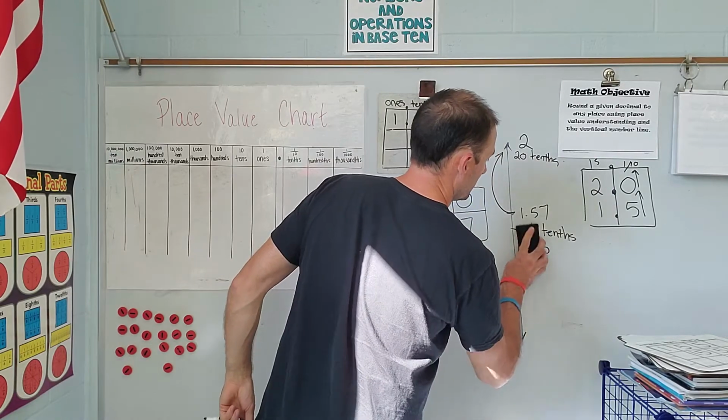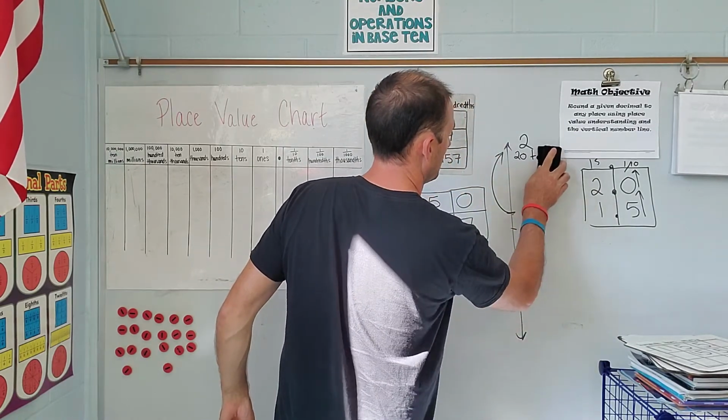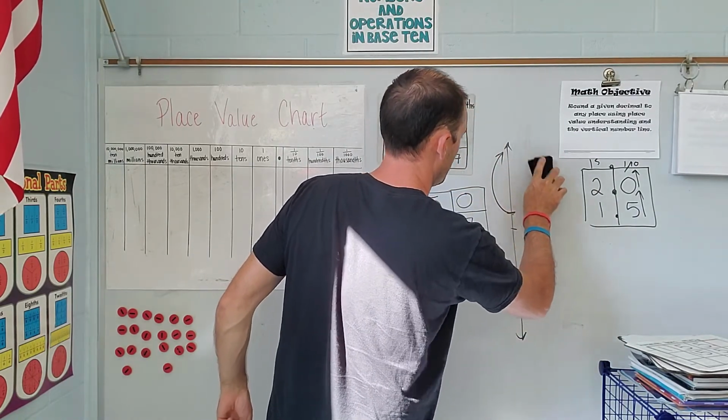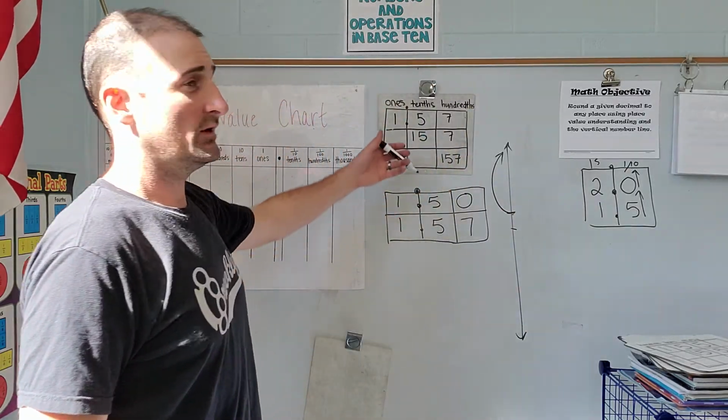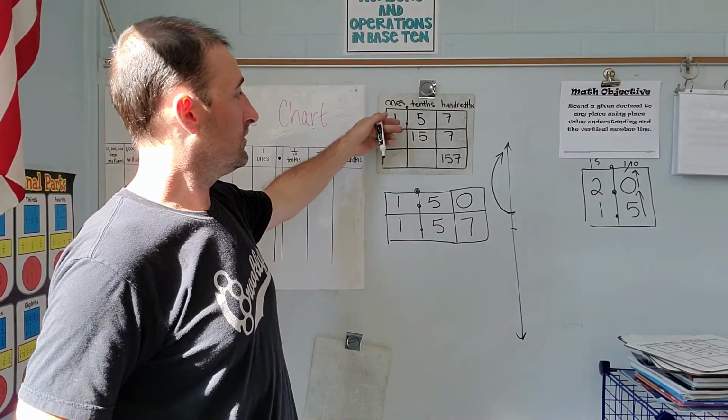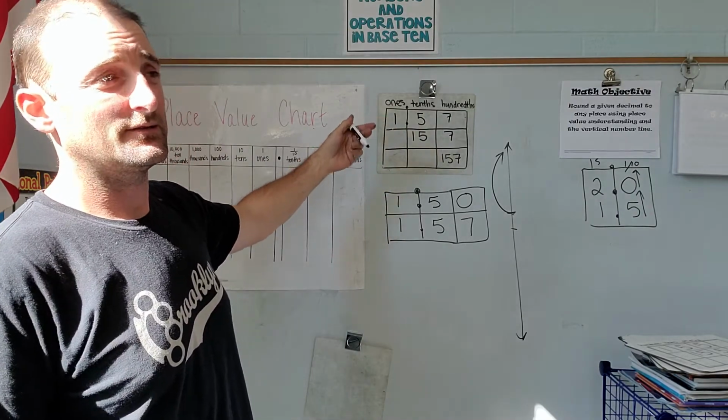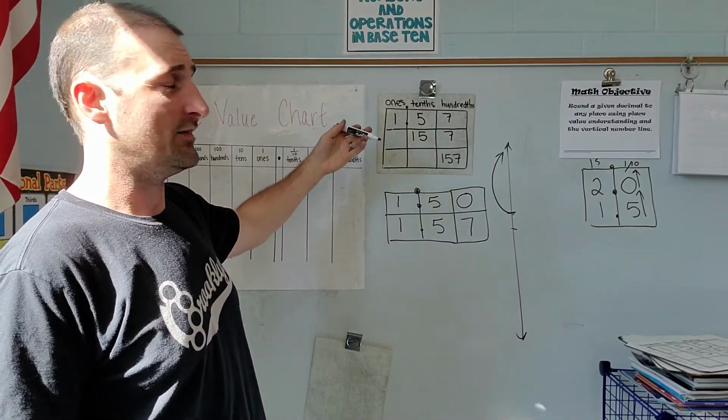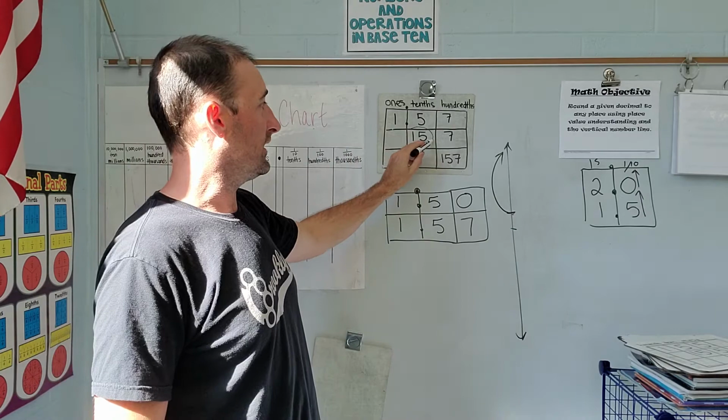The next problem is the same number, and I want you to round to the nearest tenth. Which one of the decompositions is going to best tell you between what numbers of tenths it is? Well, this one right here.